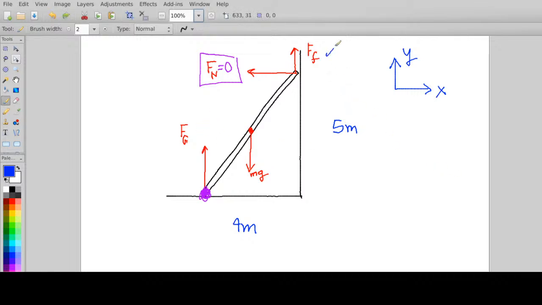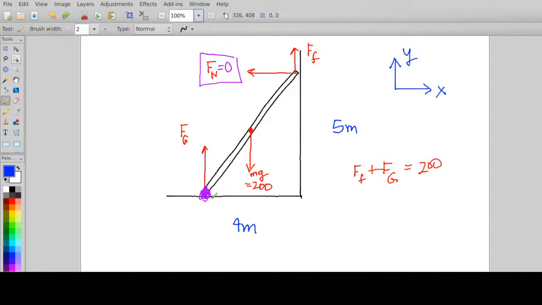Okay, these two are up, so they add together, and that one is down, and so these two, FF plus FG, I guess I could write it over here, FF up plus FG up, they have to balance this one, and this one we know to be 200 newtons. Okay, there we go. But you can see that this doesn't solve the problem, because you still don't know that one or that one. You know that together they have to be 200, but you can't work it out. You can't determine one without knowing the other.